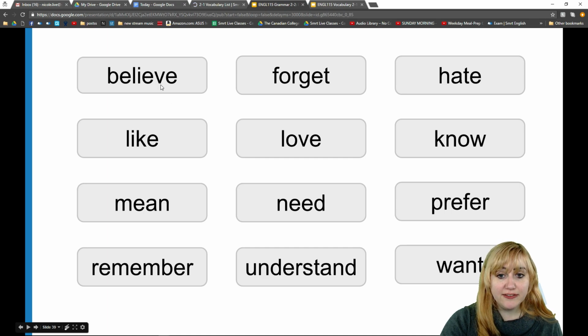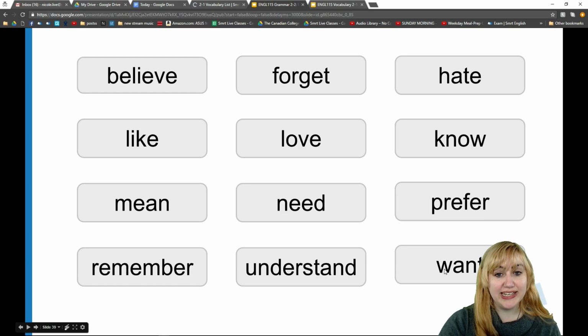We have believe, forget, hate, like, love, know, mean, need, prefer, remember, understand, and want. So when we use these verbs, we don't use continuous.